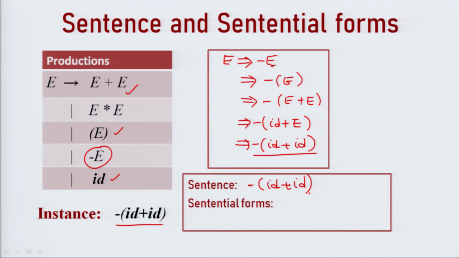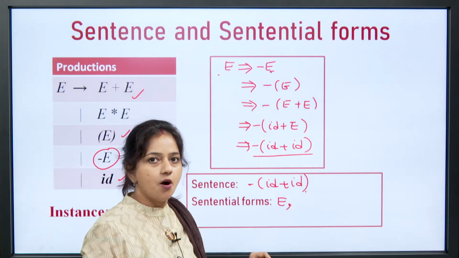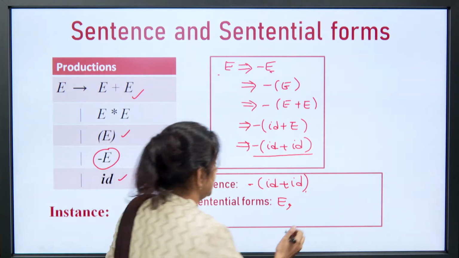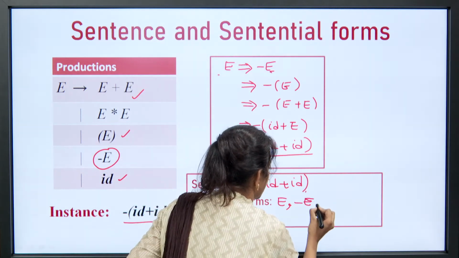Now, we will find what the sentential forms are. The first form is E. We know that in a sentential form, non-terminals may also appear. So, E is the first sentential form. Next is minus E, so this is a sentential form.